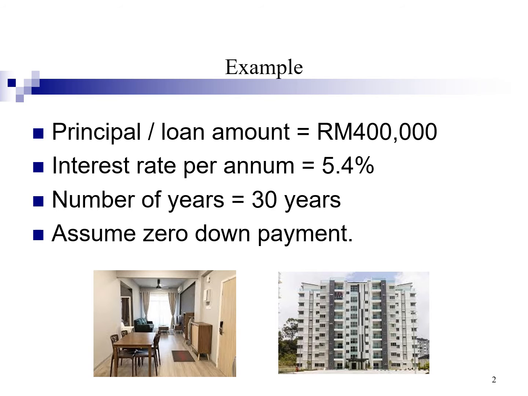Imagine you wish to buy your first home, an apartment in Klang Valley at around 400,000 ringgit, based on current base lending rate of around 5.4% in Malaysia. You are a young fresh graduate who can borrow up to 30 years. I would assume a zero down payment, and you can borrow up to 100% of the property value.